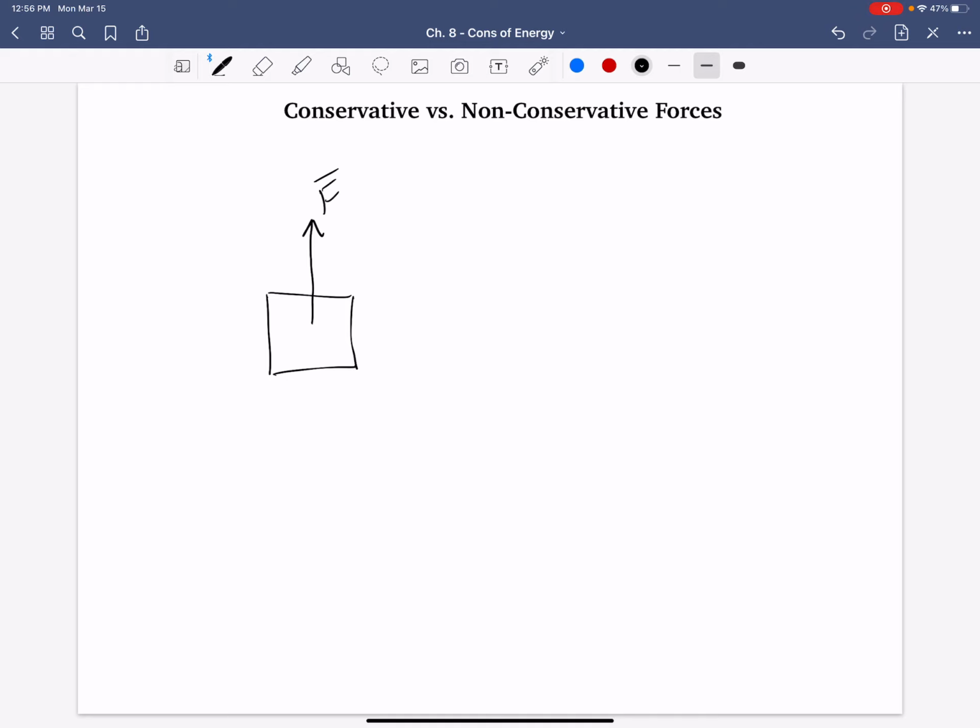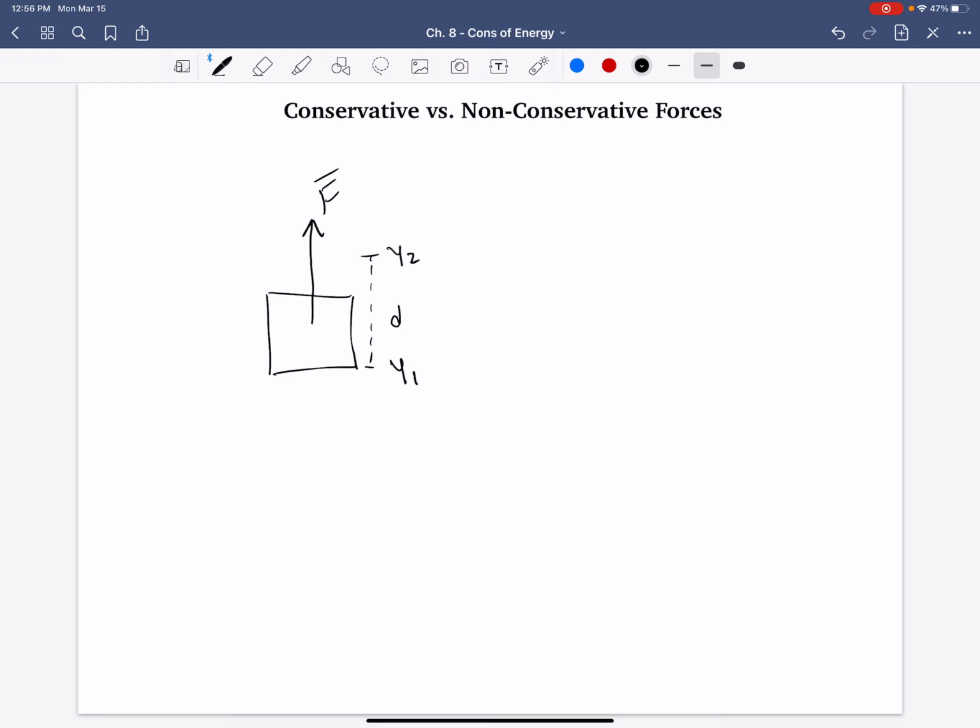As the box moves from some initial height, which I'll call y1, up to some final height up here, y2, through some distance d, or displacement, that applied force does some work on it.